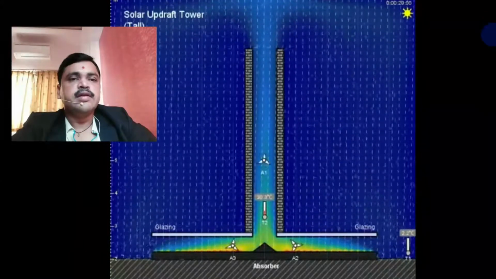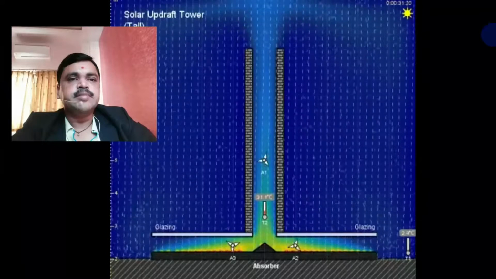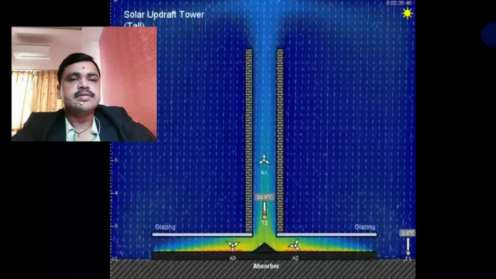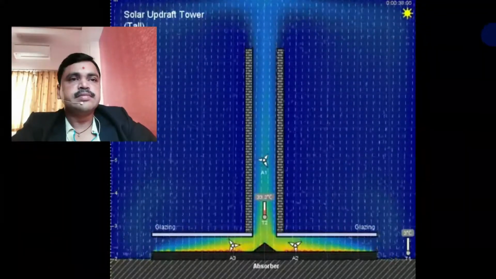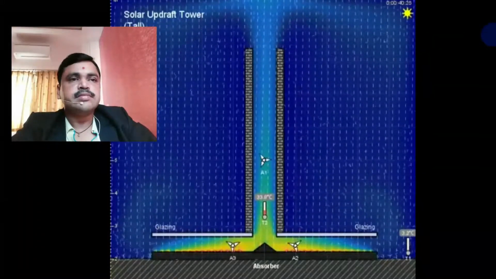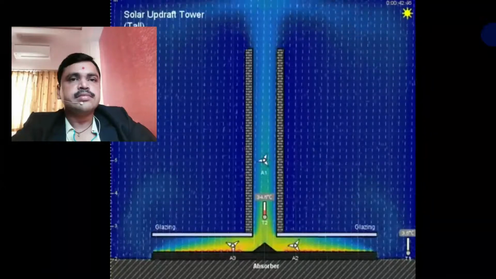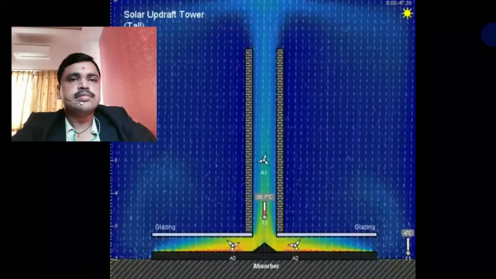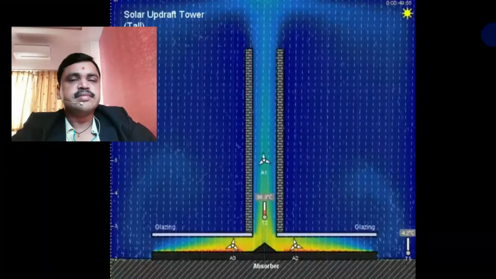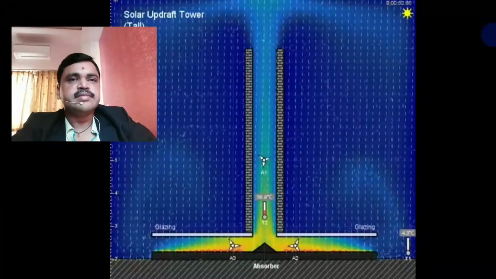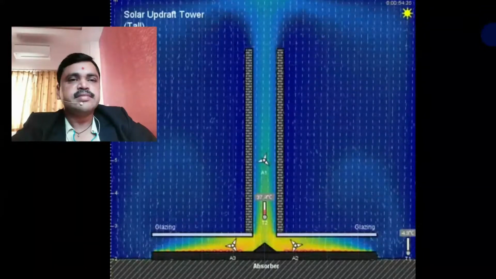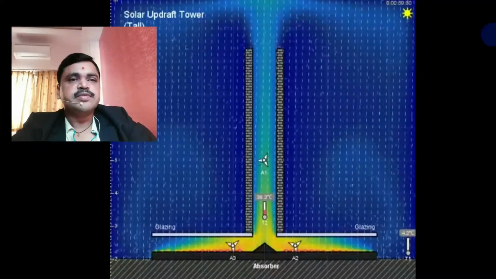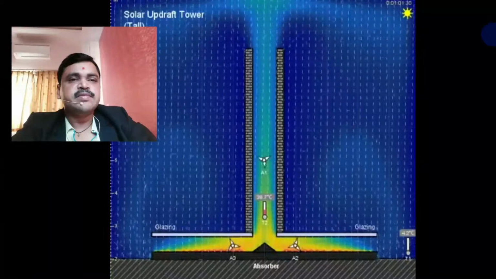In a day, solar radiation is passed and air is heated. So there is a temperature difference in a day.